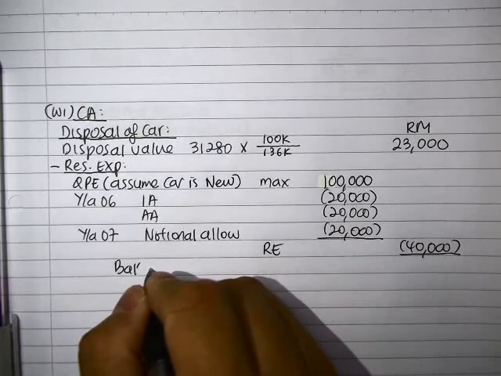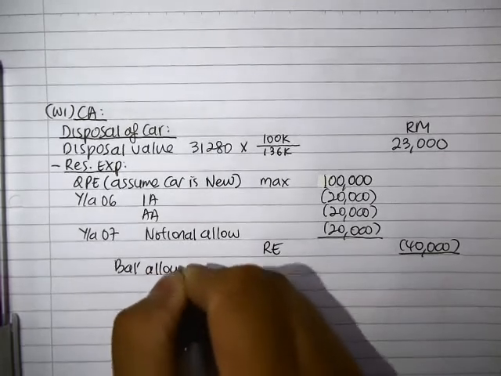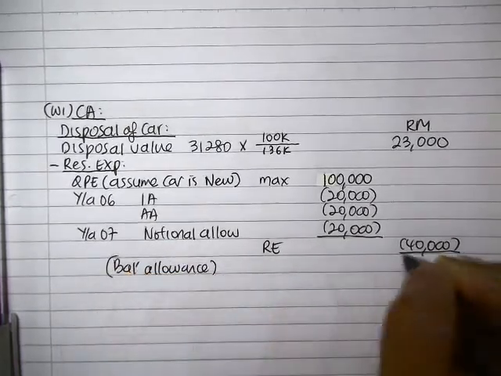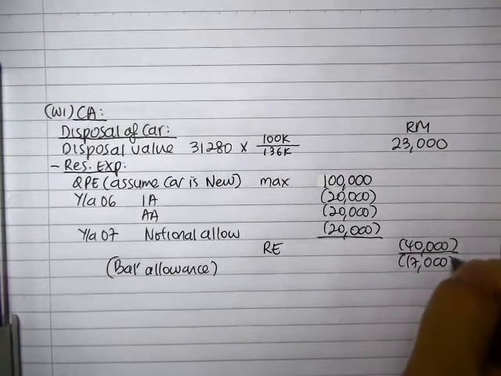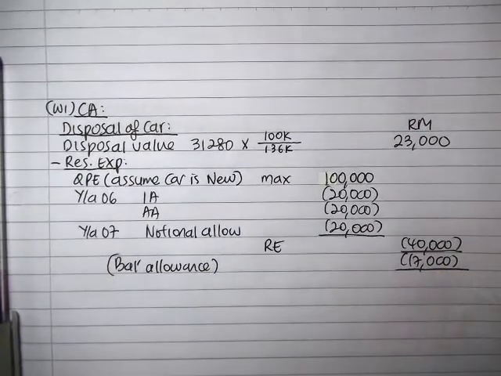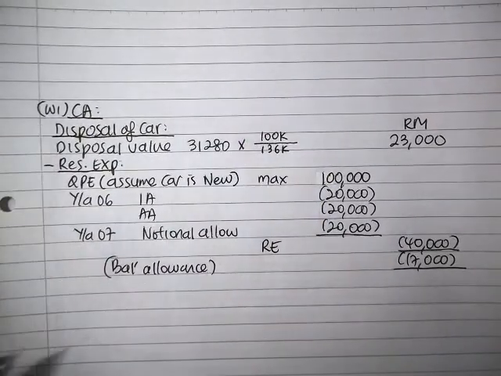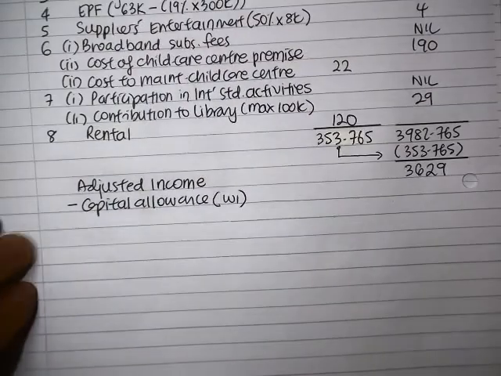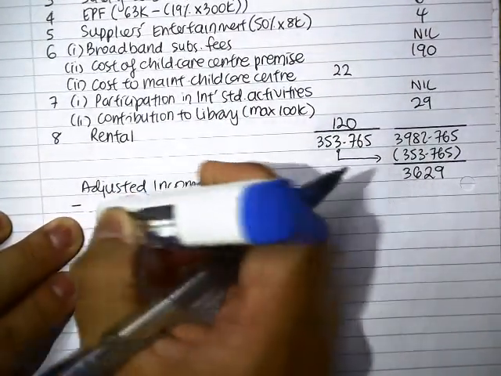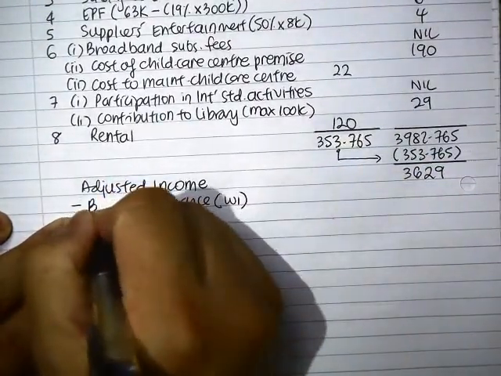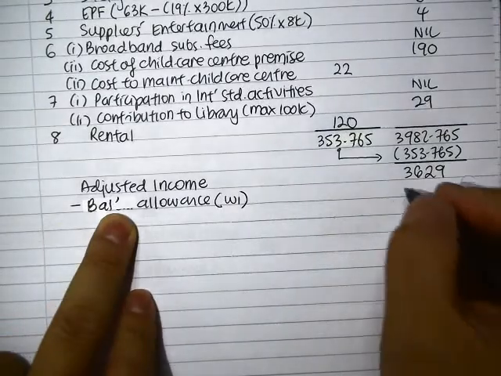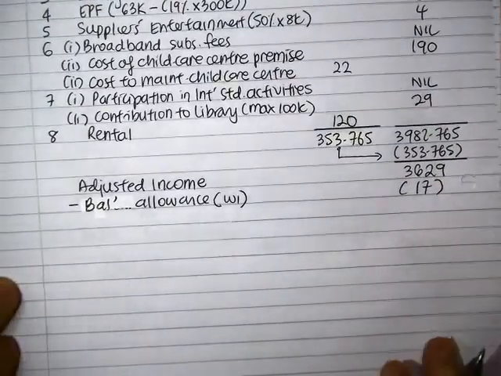Charge. Balancing allowance 17. Okay, so sorry, forgot there's a disposal. I change this to balancing allowance 17.